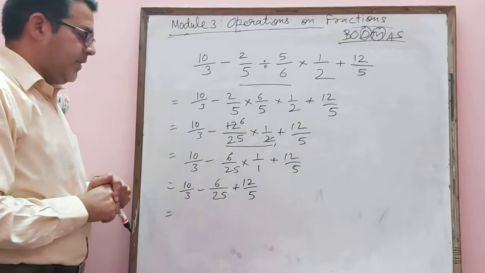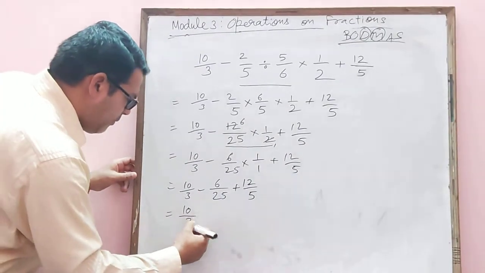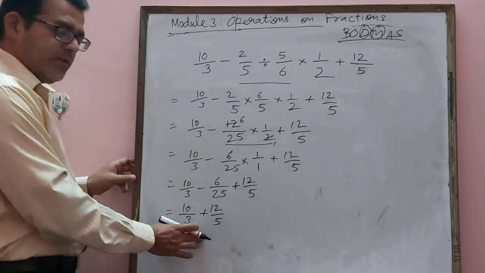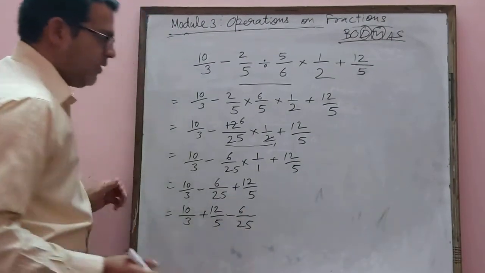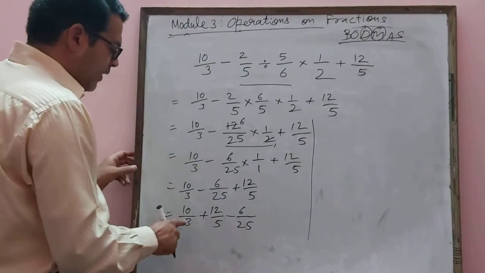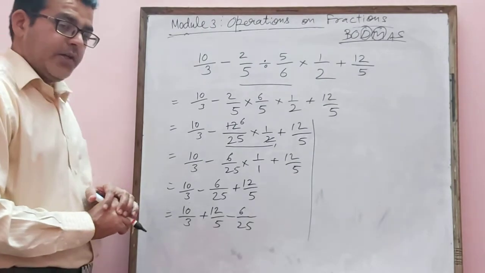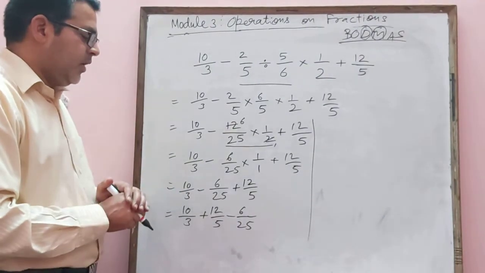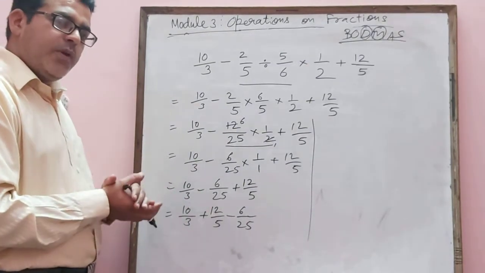Now addition, right? So 10 by 3 plus 12 by 5. We have to take these two fractions together, and minus 6 by 25 we can write aside. Now 3 and 5 are the denominators, so we need to take the LCM of 3 and 5. These are two prime numbers, so nothing is common between them except 1.